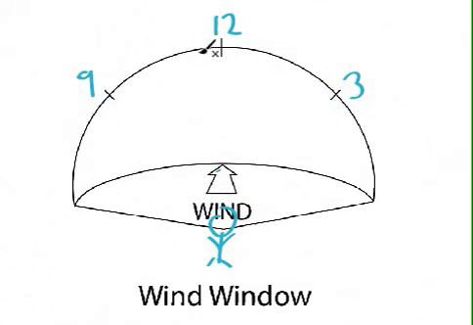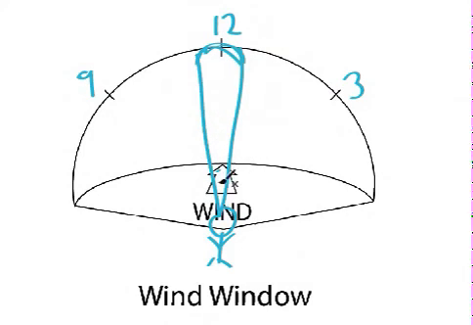For example, 12 o'clock would be if you were to look straight up from where you're sitting right now and look at the ceiling. That's going to be 12 o'clock. So if your kite was up at 12 o'clock, you have these lines attached to it, and you were flying it at 12, that's going to be the most neutral part of the wind window where your kite can fly.